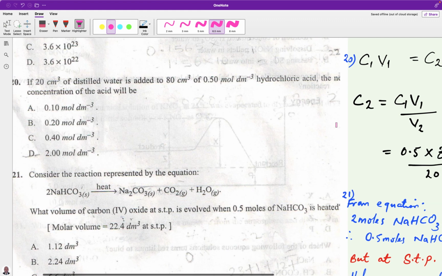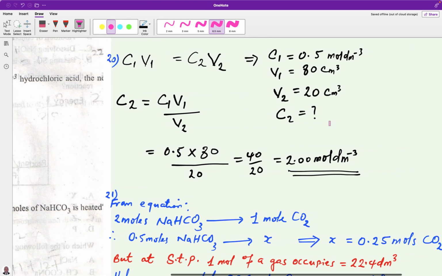Let's use this expression in solving it. The concentration 1, we can say concentration of acid, volume of acid, the concentration of the same acid 2, volume of acid 2. So precisely, we are saying C1V1 equals C2V2.